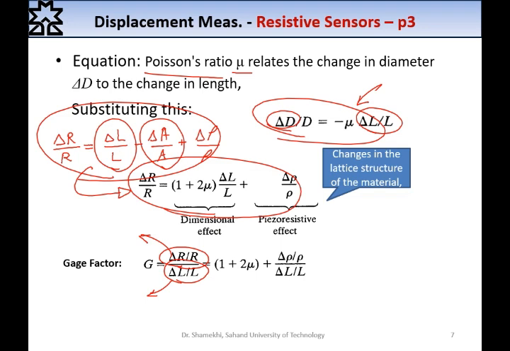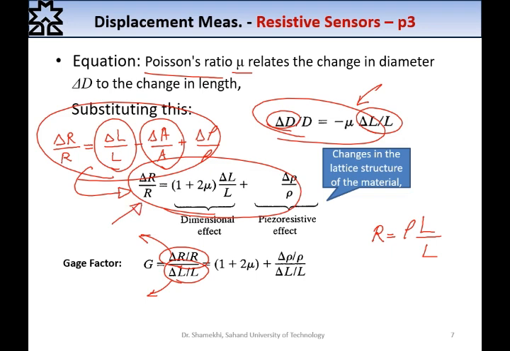And as I told you in the previous slide, you should start from the main equation, R equals rho L divided by A, write the steps, and reach this equation.